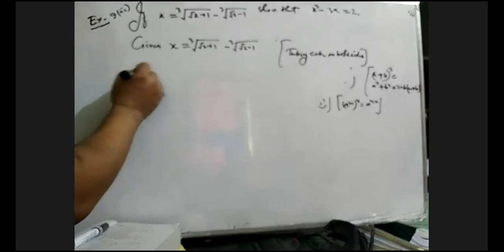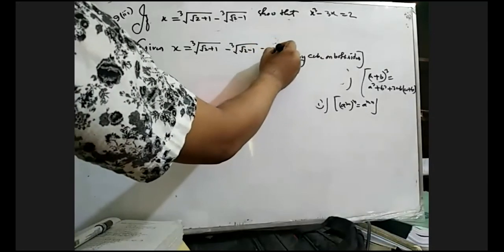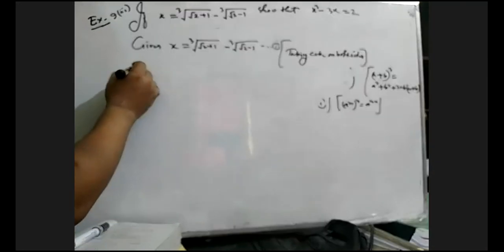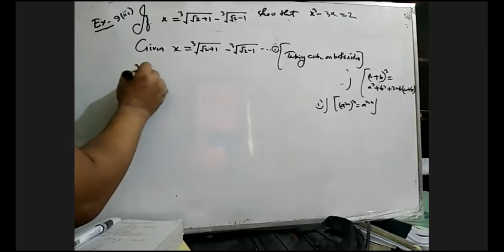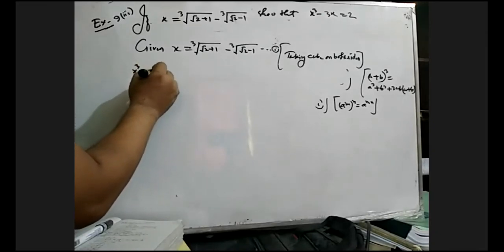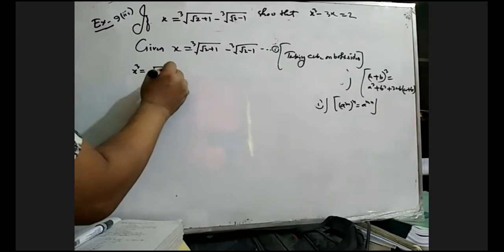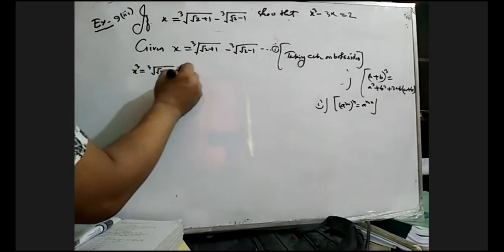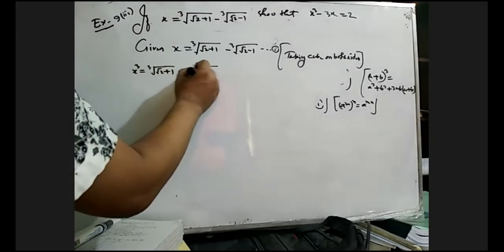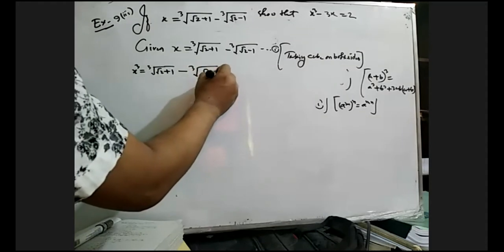Okay, this is equation number 1. Taking cube on both sides, x cube equals what will be? The cube root of 2 plus 1, minus the cube root of 2 minus 1.